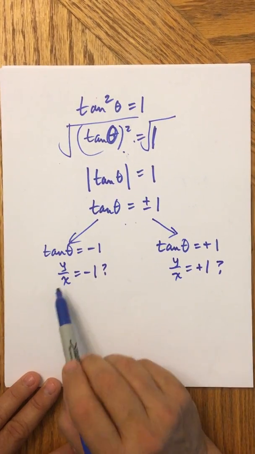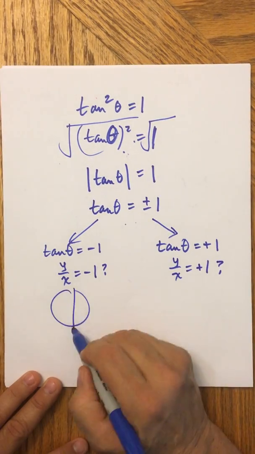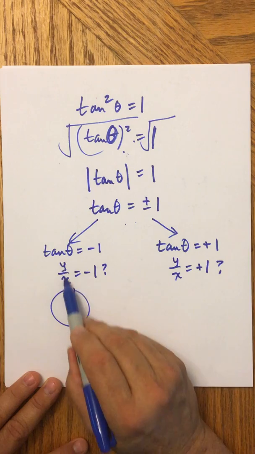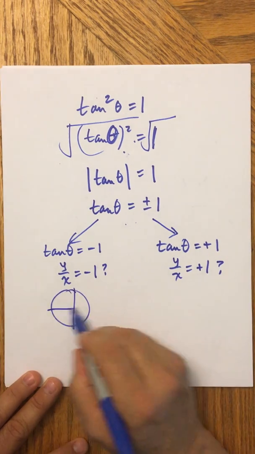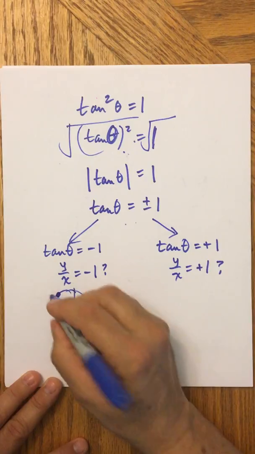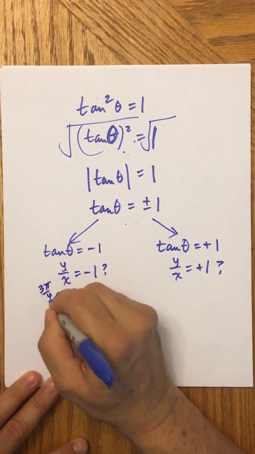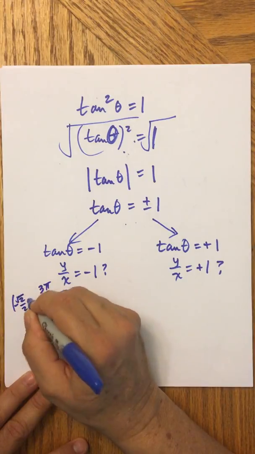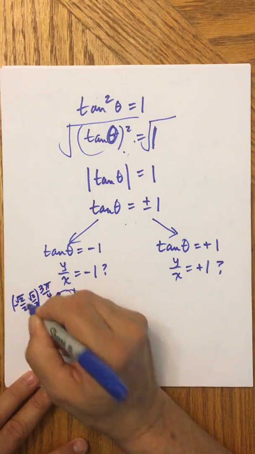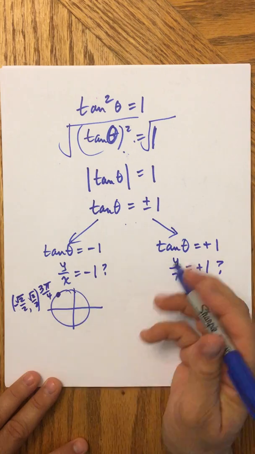So where is it on your unit circle that your x and your y are exactly the same, but one of them is positive and one is negative? You would say, oh, okay, that's over here at 3 pi over 4, because you have negative square root 2 over 2, and then positive square root 2 over 2. So their ratio, y over x, would be negative 1.